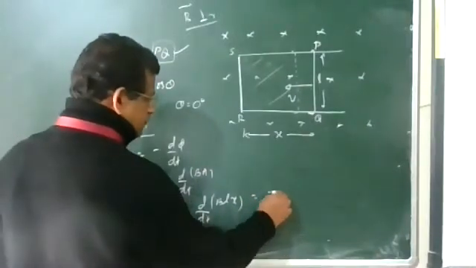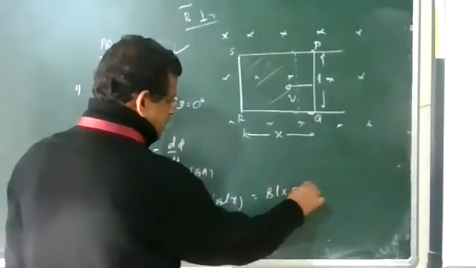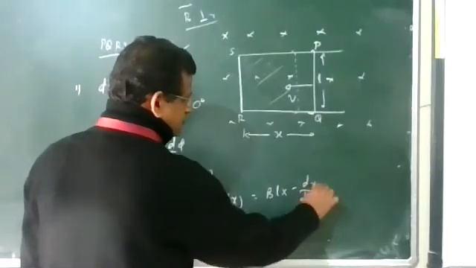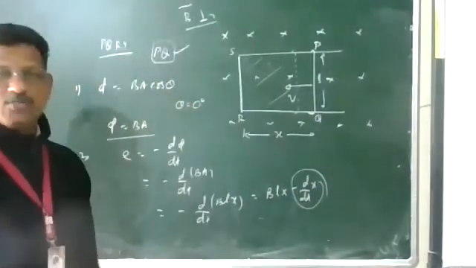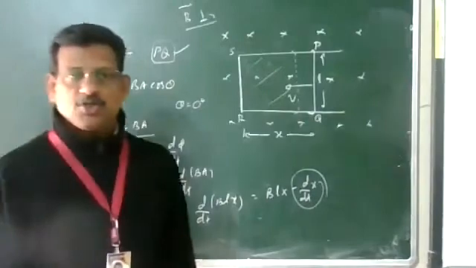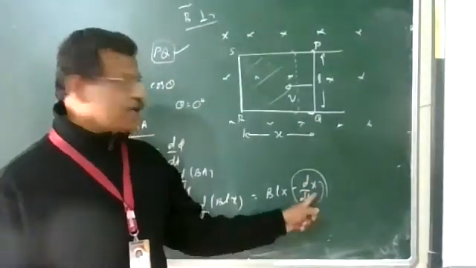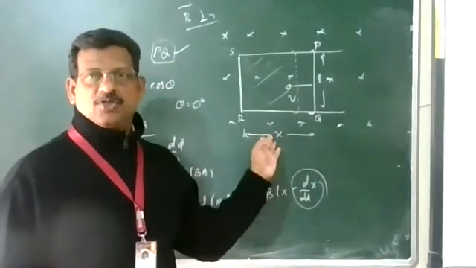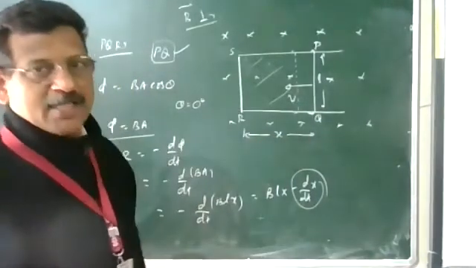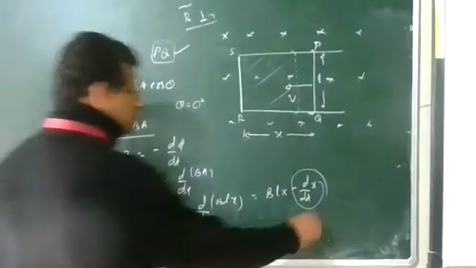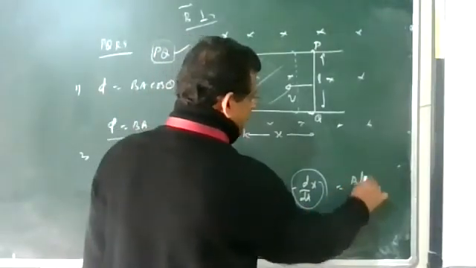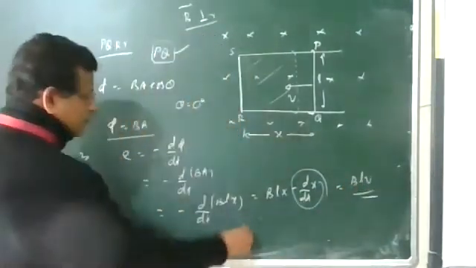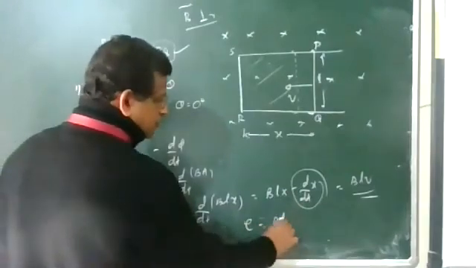And minus BL can be taken out as minus BL d by dt of X. The conductor is moving toward the left side with the velocity, so flux changes. d by dt of X is the rate of change of displacement X, so that stands for the velocity. The minus sign is because there is a change in flux. So the EMF induced in this case is equal to BLv.